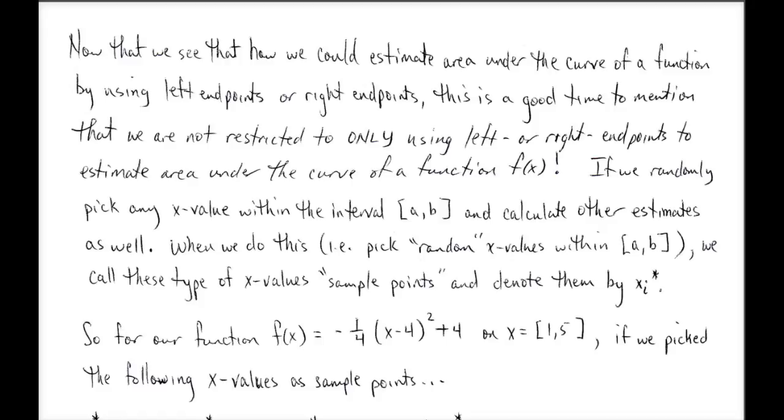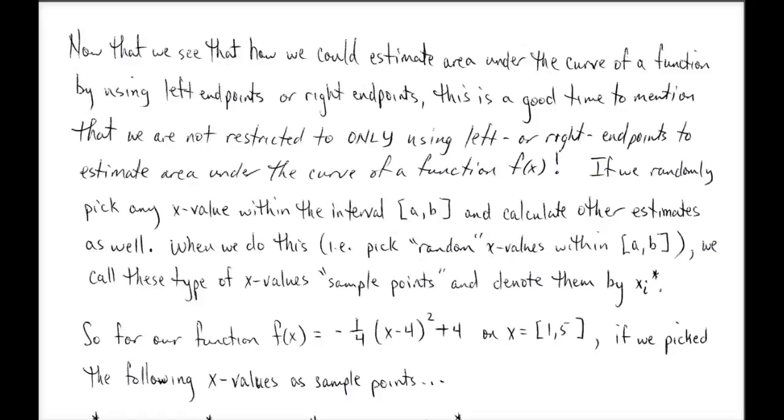We can randomly pick any x value within the closed interval from a to b and calculate other estimates as well. When we do this, we pick random x values within that closed interval from a to b, and we call these types of x values sample points, and we denote them by x sub i with an asterisk, a star.